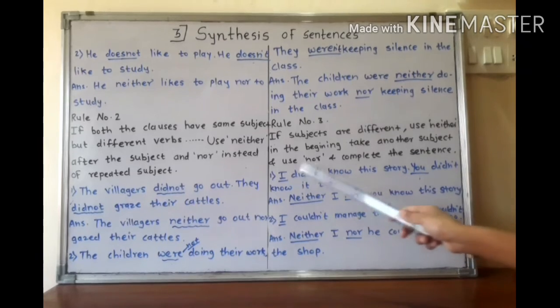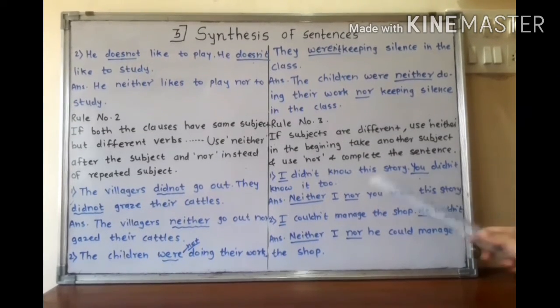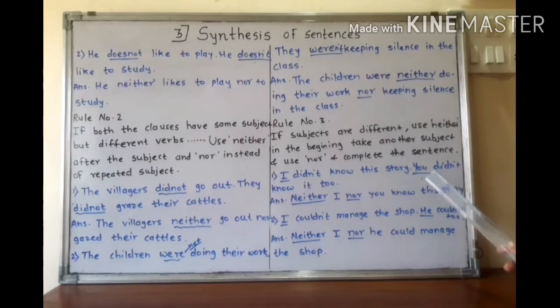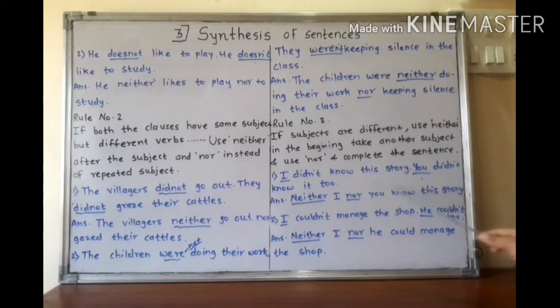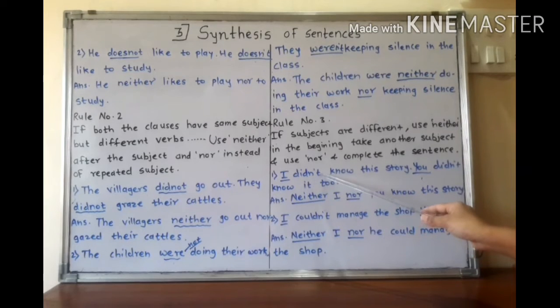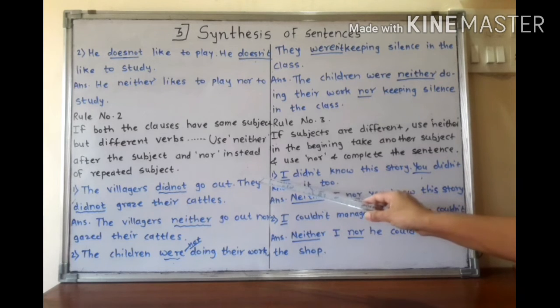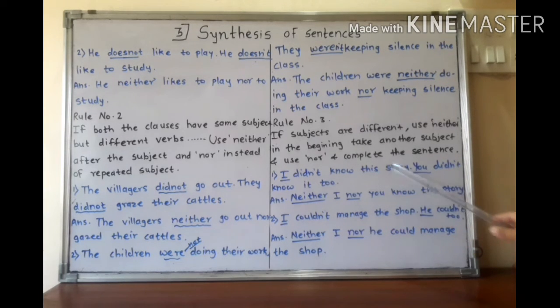For example, I did not know this story, you did not know it too. I and you are two different subjects, but the remaining part is the same, and we have to remove the past tense along with its negative word. So we have to make it past tense. Neither I nor you knew this story will be the answer.